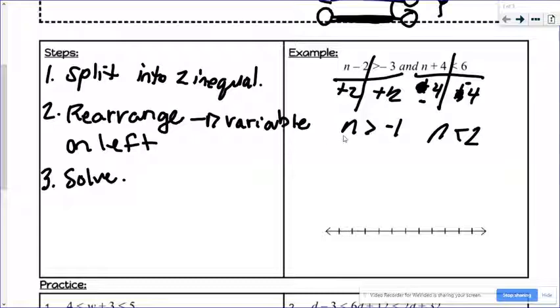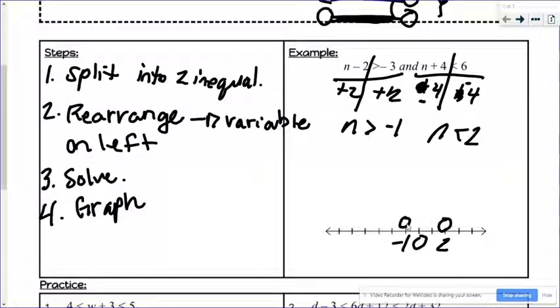At this point in time, when you have 1 and 2 answers, you're going to do step 4, which is graph. You want to graph right now, not at the very end. So let's say this is 0. So that would make this negative 1, and that would make this 2. I'm going to put an open circle at negative 1. I'm going to put an open circle at 2. When I go to graph negative 1, it wants me to go to the right, so I'm going to graph to the right.